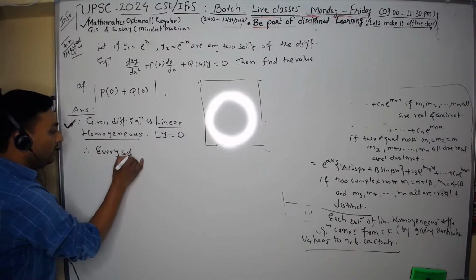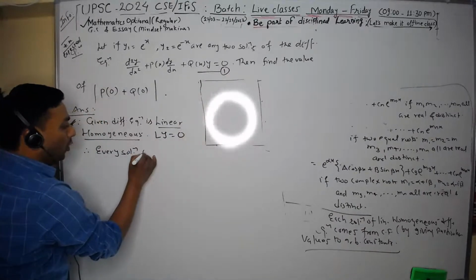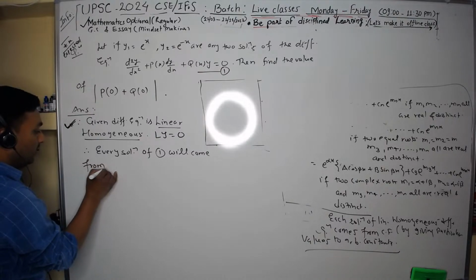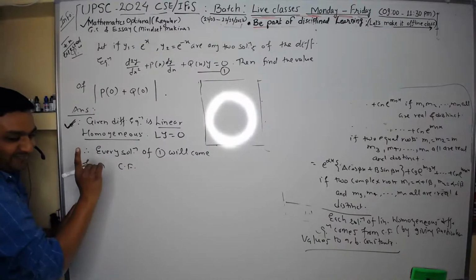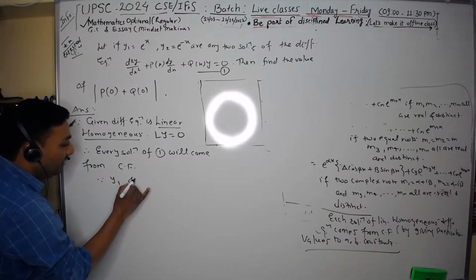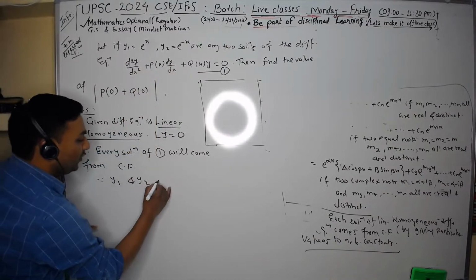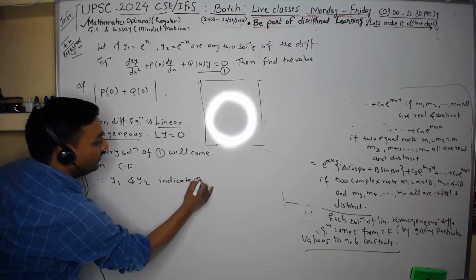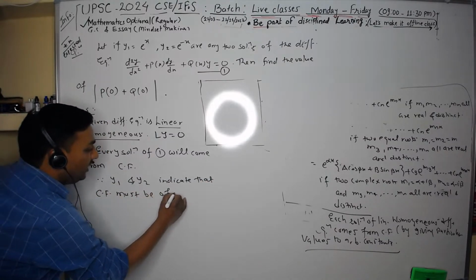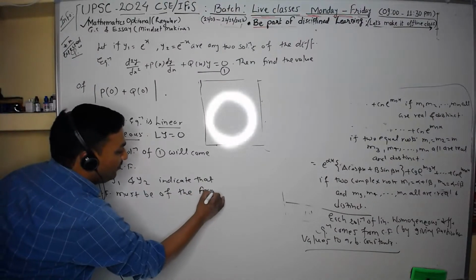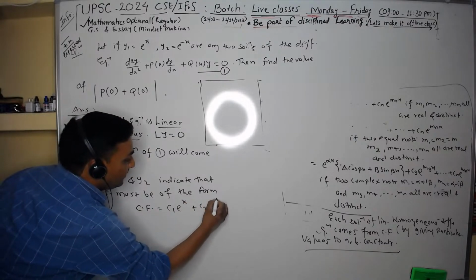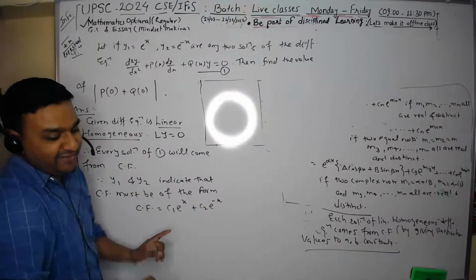Differential equation is linear and homogeneous, so every solution of y1 will come from CF, ठीक है। Since y1 and y2 indicate that CF must be of the form C1 e raised to the power x plus C2 e raised to the power minus x.